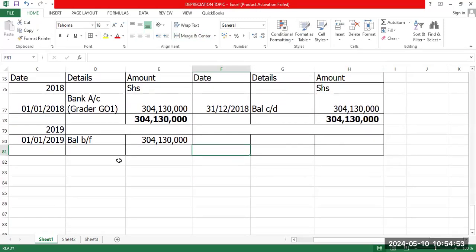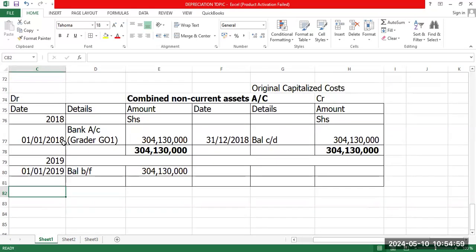So here, did you purchase any other asset in 2019? Yes. Which asset? Grader G02. On which date? So I record on 1st May. On 1st May, I actually acquired another grader.